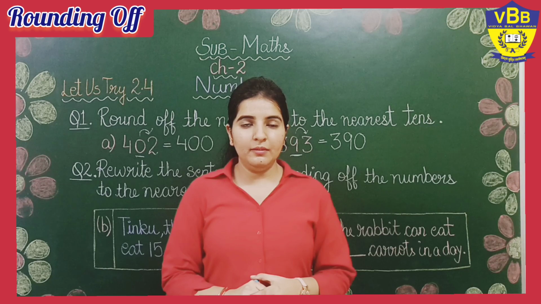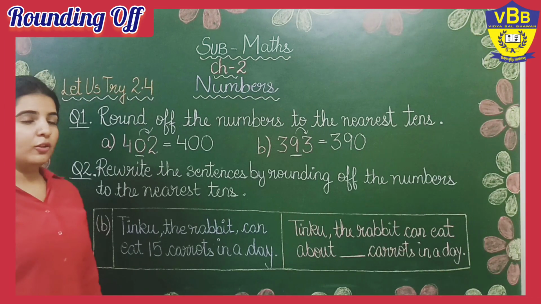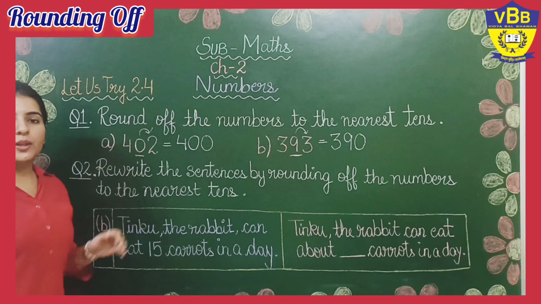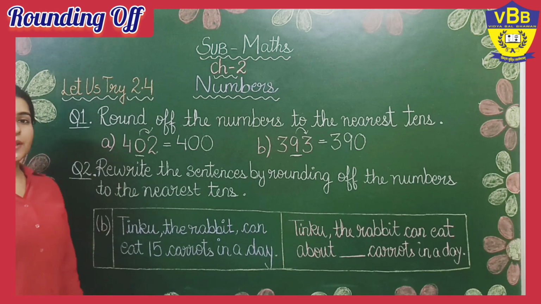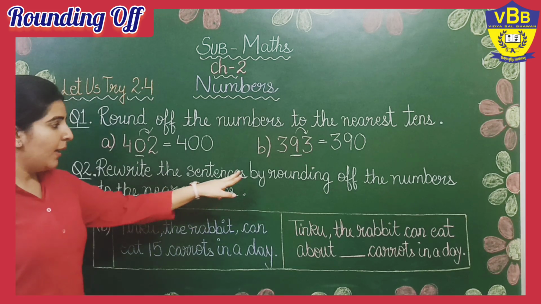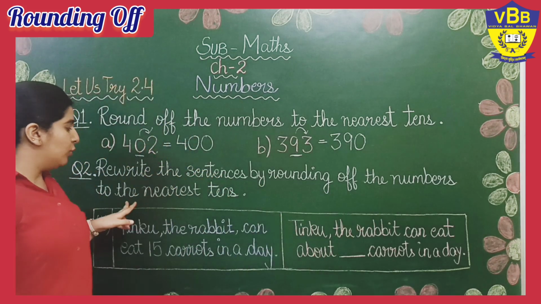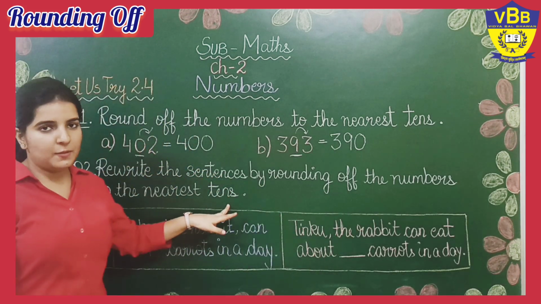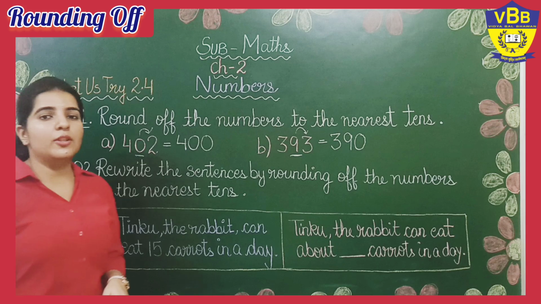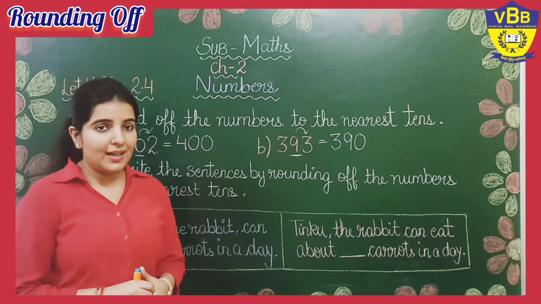Got it everyone? Now let us see question number 2. Okay, now let's come to question number 2. Question number 2 is: rewrite the sentences by rounding off the numbers to the nearest tens place. And in this question also, one part is already done for us.